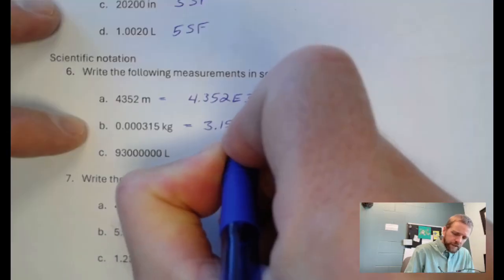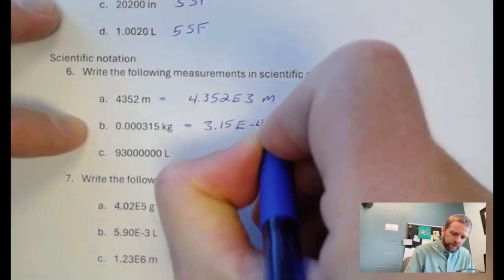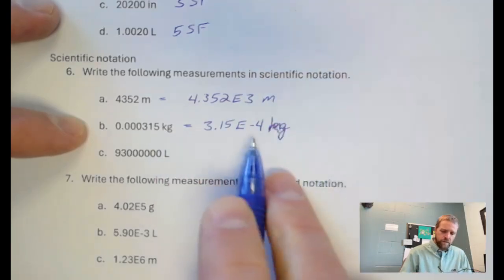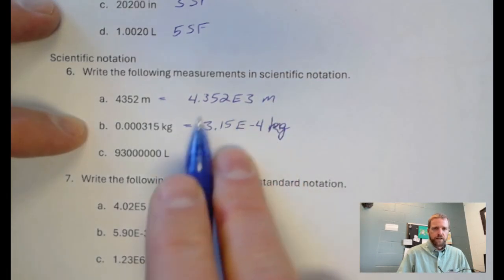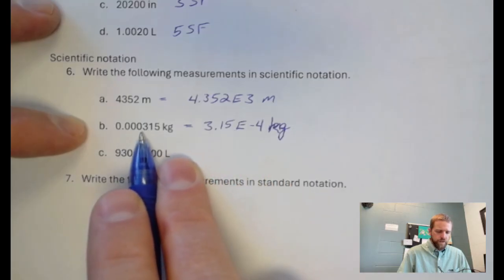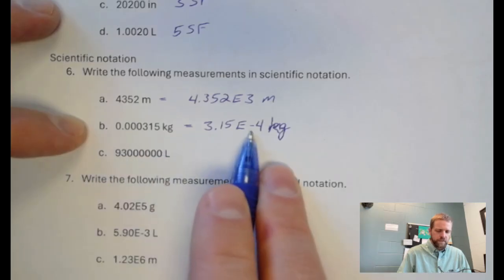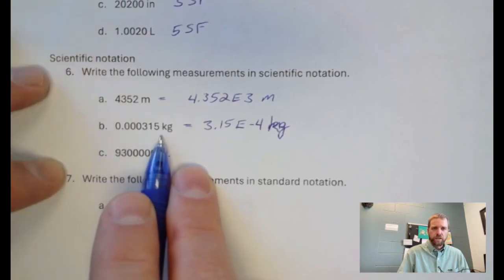Okay, so I'm going to say E minus 4, kilograms. Right? So notice that the -4 tells me I'm going to take the 3.15 and move the decimal 1, 2, 3, 4 spaces to the left to get back the standard notation.